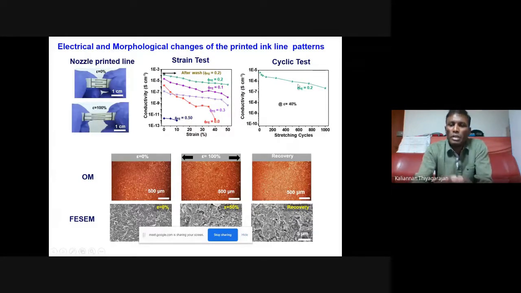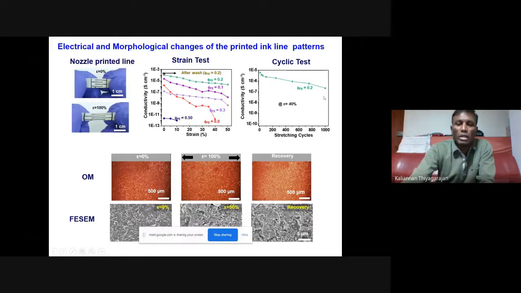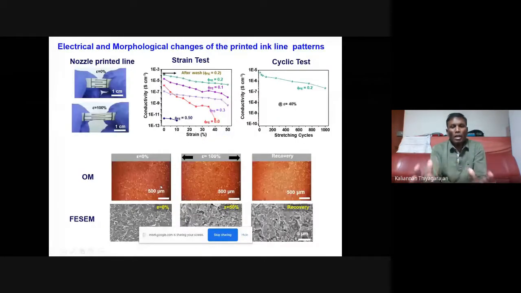I am further working to develop this to 10,000 cycles. In the flexible case, 10,000 cycles of flexibility is working, but for stretchability it is 1,000 cycles, and there is a 1.5 order of magnitude difference in the electrical conductivity. So I want to improve this, and I was working on this, and here is the approach.